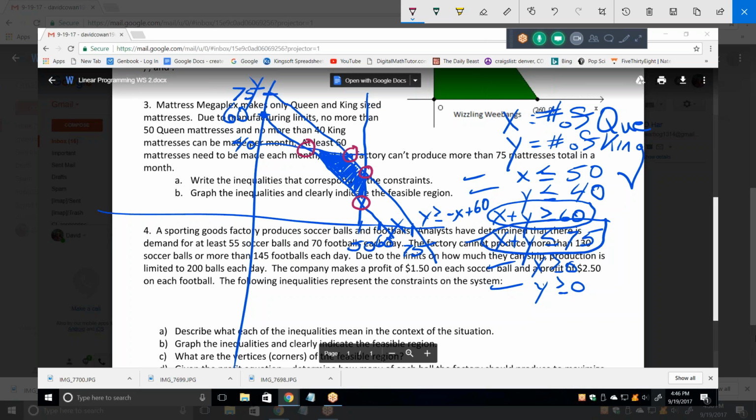Those are the only 4 spots that could possibly be answers to how we make the most amount of money. But they didn't give us the profit function. We don't know how much we make on queen size mattresses or on king. They didn't give us that because that wasn't their question. Their question was merely to come up with the constraints, the inequalities, and find the feasible region. Right. All right.